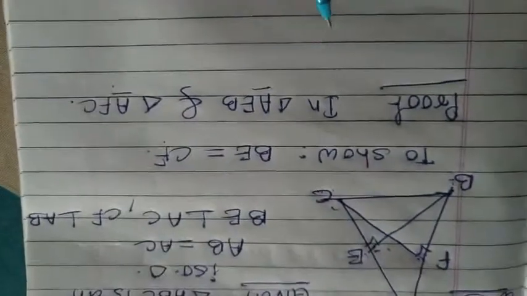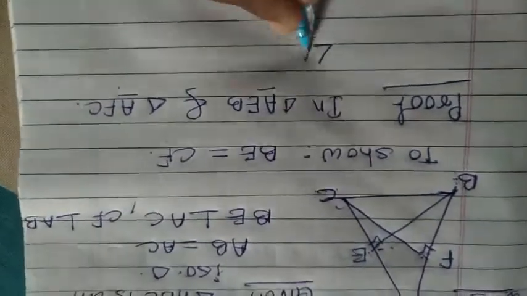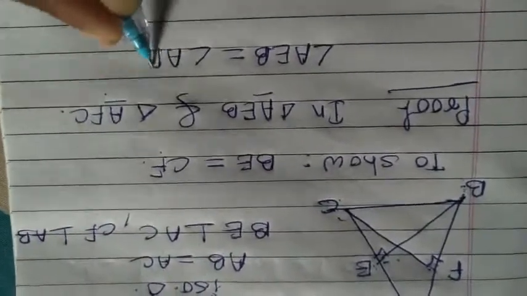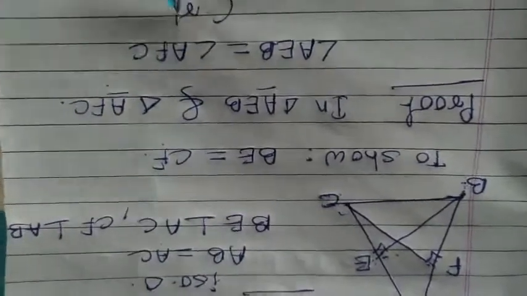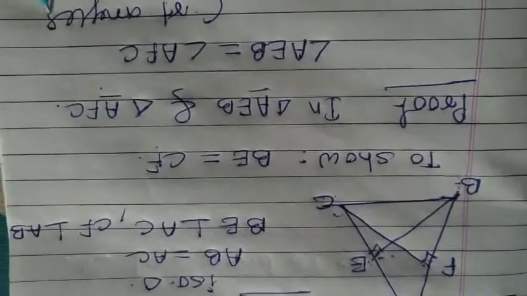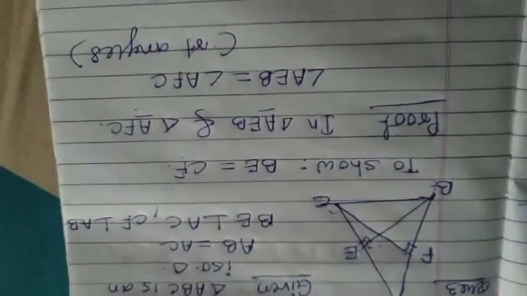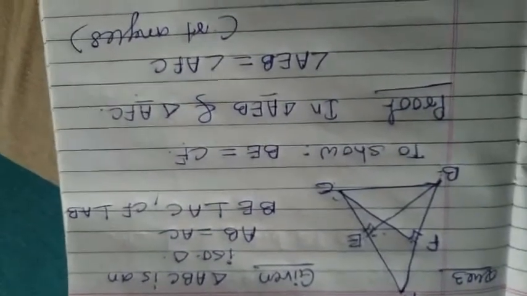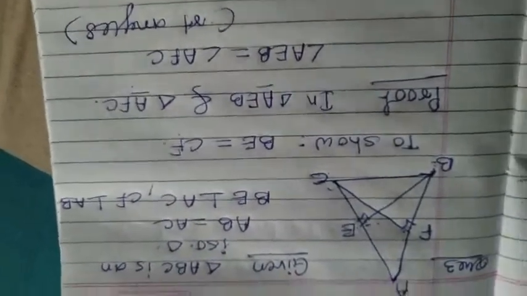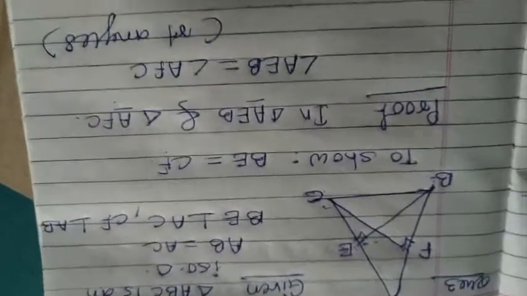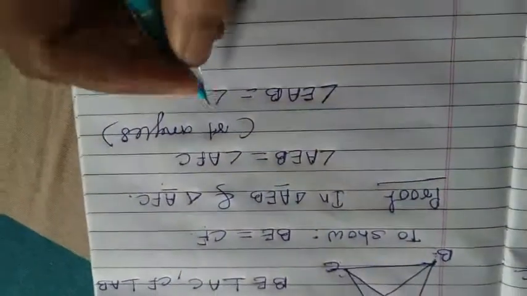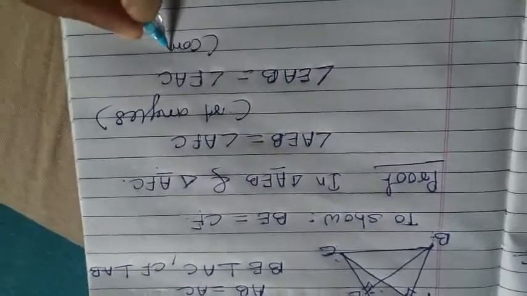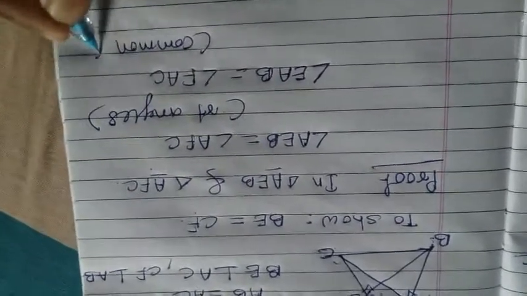First one, angle AEB is equal to angle AFC, right angles. Second part, angle EAB is equal to angle FAC, which is the common angle in both triangles.